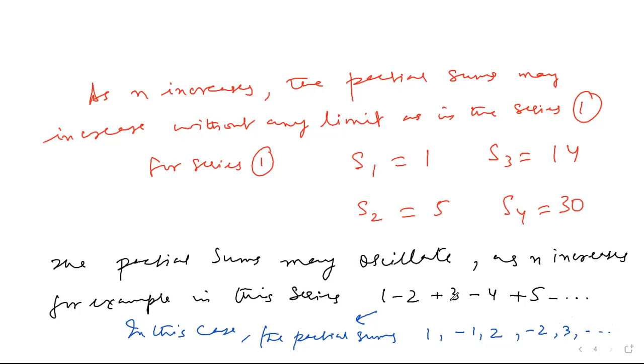Then in S3 you add 3, plus 3 minus 1 is 2. Then you go on calculating, the partial sums oscillate. You can see partial sums first go to 2, then minus 2, then 3, and as you go on increasing n, you will see that the partial sums oscillate, right? Or they may have some complicated behavior, right?